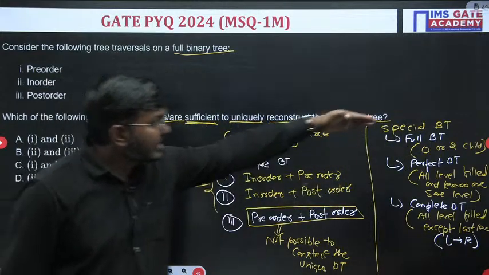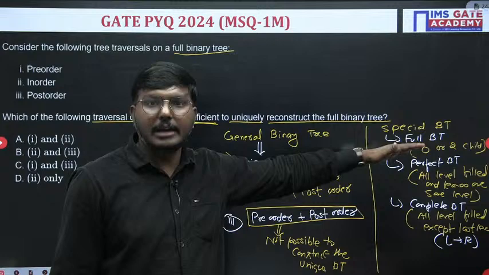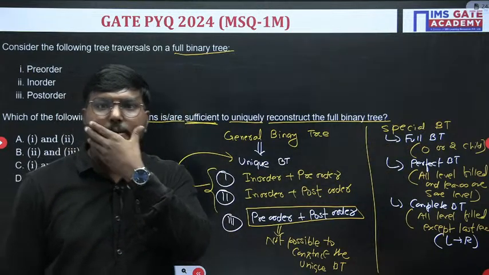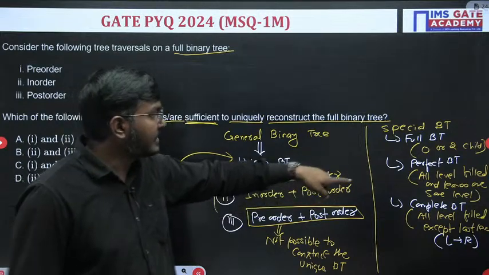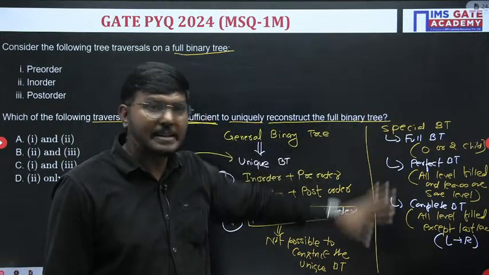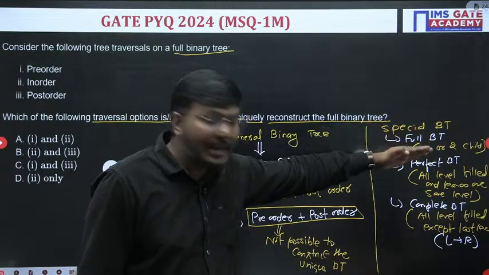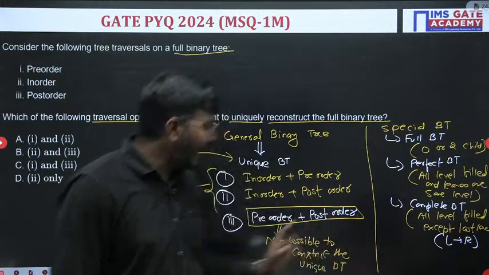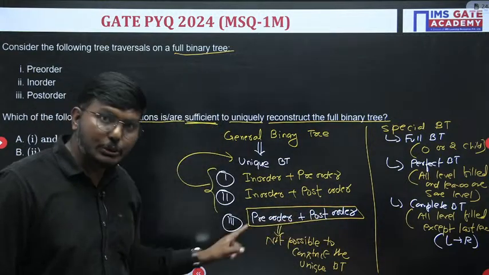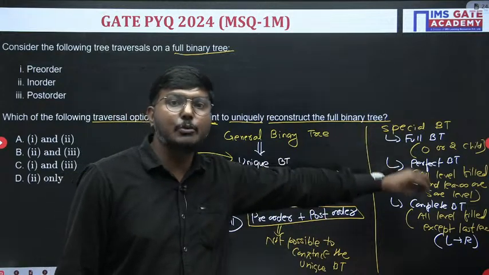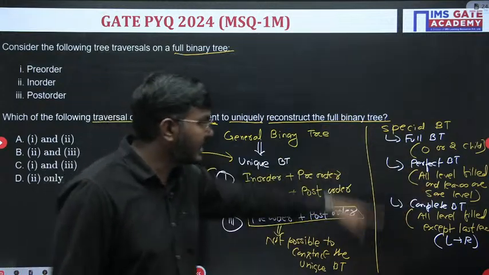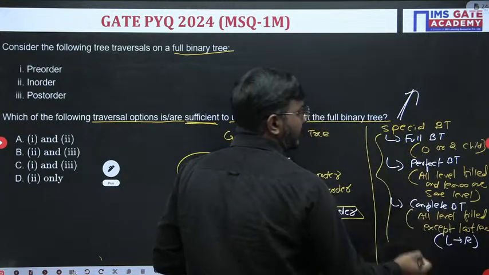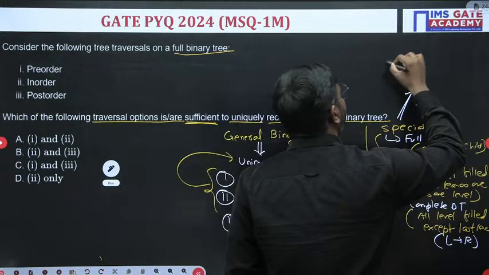Getting my point? So these three are the right answer, ABC. We can construct a unique binary tree by using pre and post. Yes, that is the thing, Kartika, I am saying. For a special binary tree, full, perfect, or complete, in all these three cases, if we have the pre and post, using this information we can construct the unique binary tree.